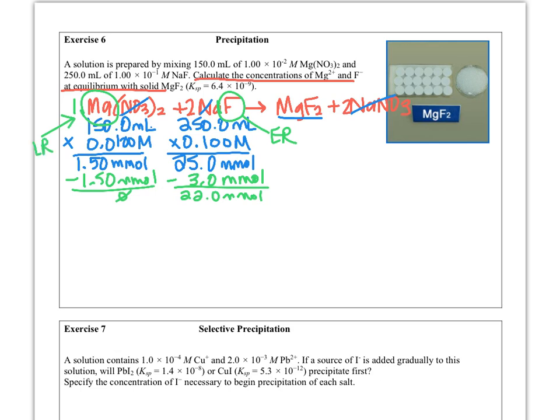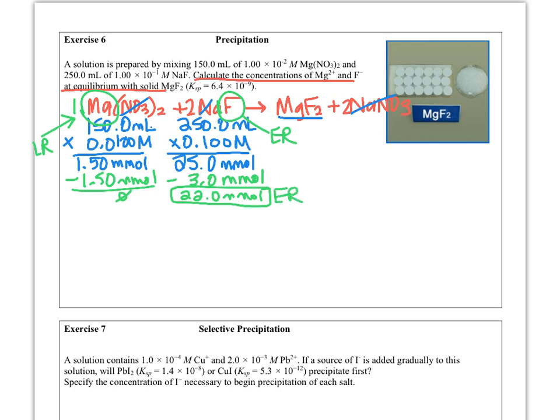I just want to point that out. So it makes it easy when you have it set up in millimoles like that to do the stoich when the stoich's nice, right? Because I already have it in moles and I can just easily see the stoich. Now you can do the stoich for limiting and excess and find the amount of each and then identify it that way. This is just a little easier because then we can see how much excess is left over.